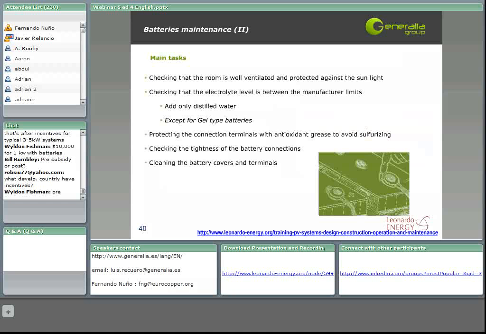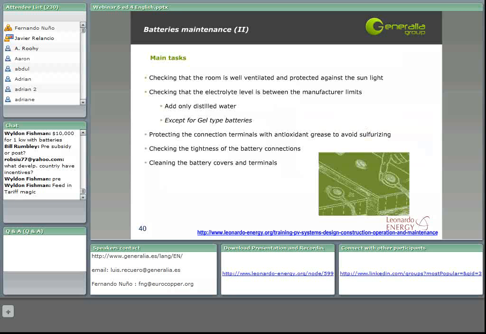And we finish this webinar session telling you the main tasks that we have to check for the battery maintenance. We have to check that the room is well ventilated and protected against sunlight. We have to periodically check that the electrolyte level is between the manufacturer limits and add distilled water in case it is under the lowest limit.